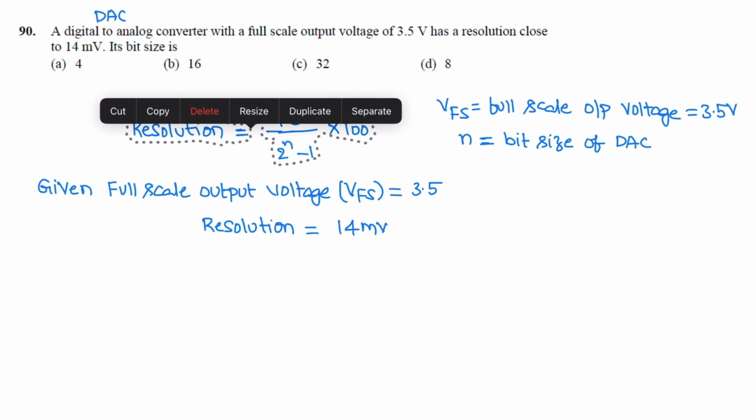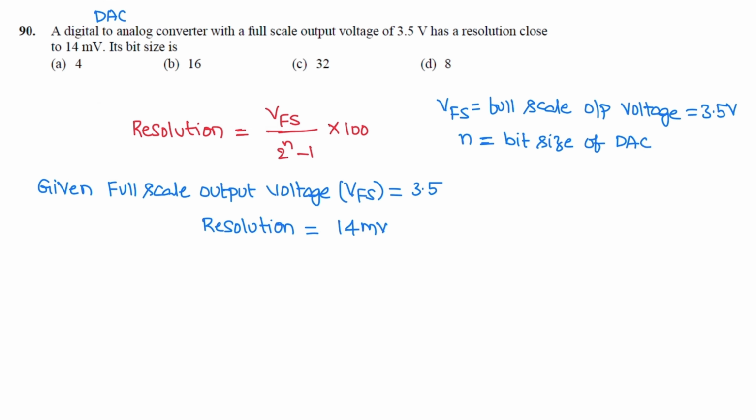So we know that resolution is equal to full scale output voltage VFS by 2 power n minus 1, into 100. This is percentage resolution. So substitute the values. Resolution is 14 millivolts, 14 into 10 power minus 3, and full scale output voltage is 3.5 volts, by 2 power n minus 1.